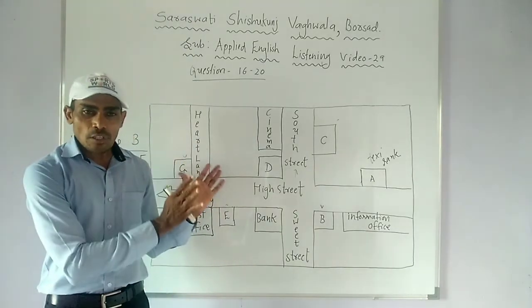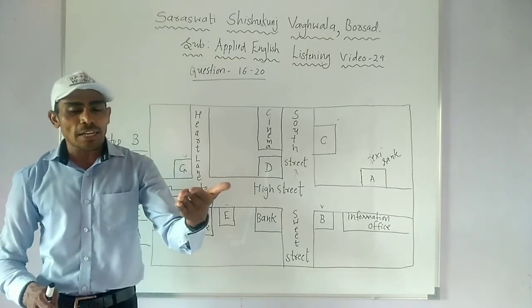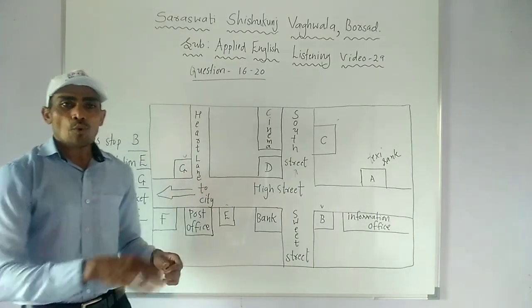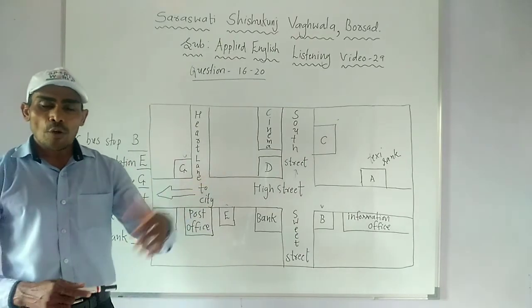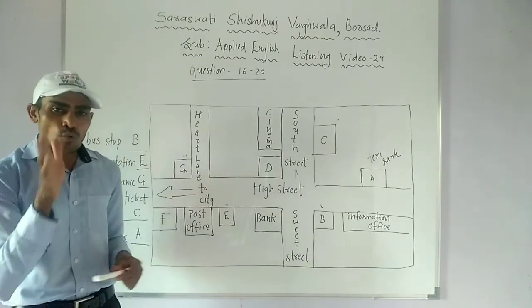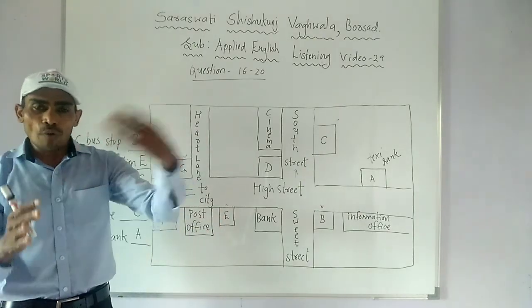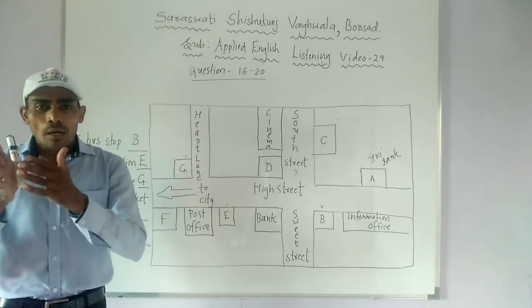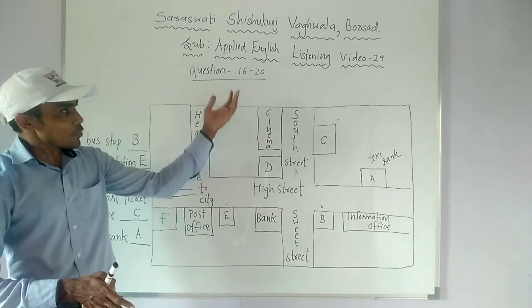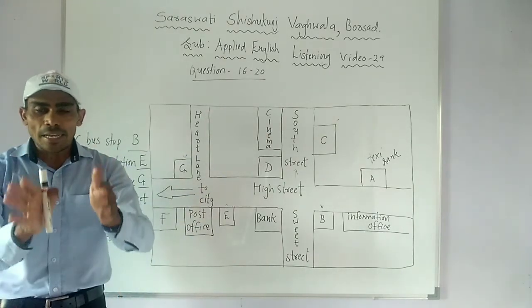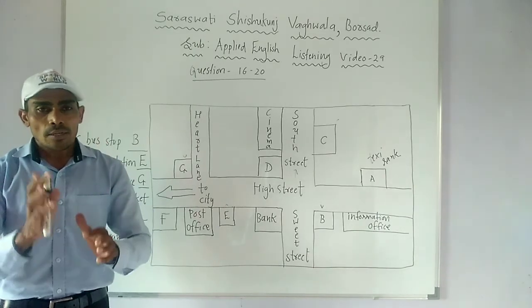After this video I am going to play a listening track for you, that is an assessment task, and you need to practice over there and you can do better in your examination. I hope students once again that you have understood all questions 11 to 20. First we completed 11 to 15 and then 16 to 20. Now I am going to play a listening track for you, and the listening track is here. Start listening.